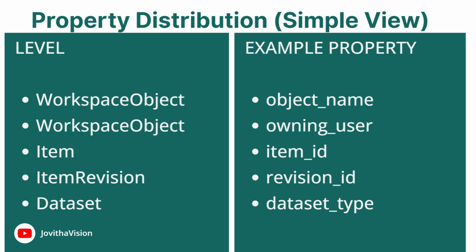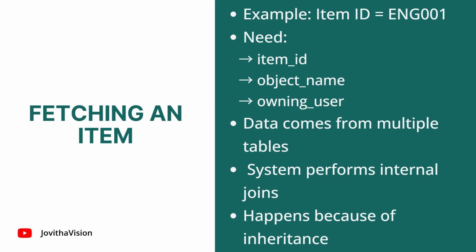Now imagine you want to fetch an item. Let's say the item ID is ENG001 and you want to see item ID, object name, and owning user. Now think carefully. Item ID belongs to the item level, but object name and owning user belong to the workspace object level, and UID belongs all the way to the POM object level.